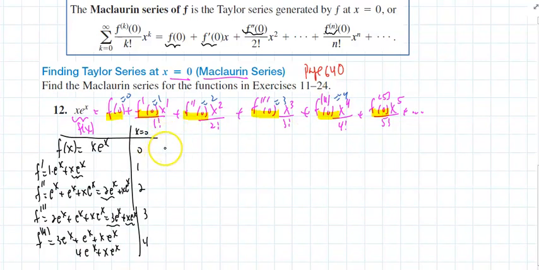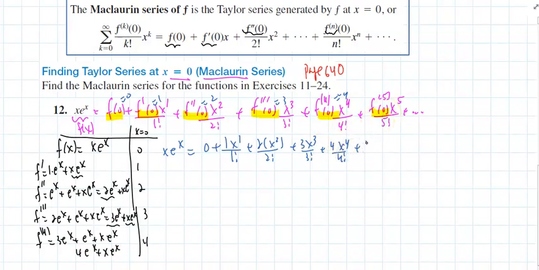Then I could say x e to the x is roughly what? 0 plus 1 times x to the 1 over 1 factorial, 2 times x squared over 2 factorial, 3x cubed over 3 factorial, 4 x to the 4th over 4 factorial.